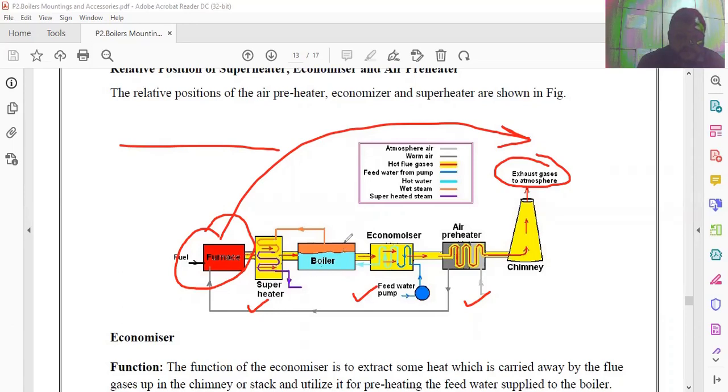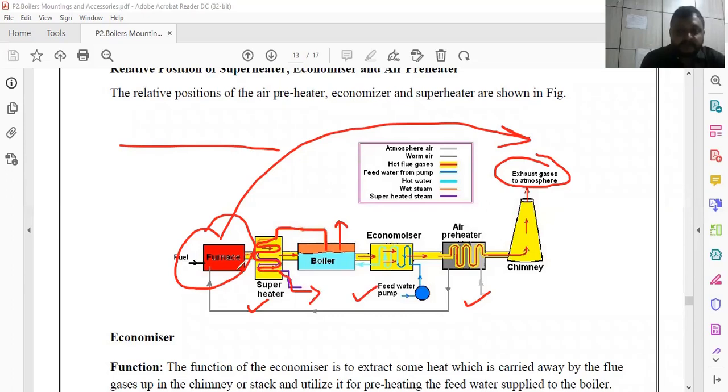But the point you have to keep in mind is that whatever steam is generated inside, before sending it to the specific application, we have to reheat that steam. How can we reheat it? We send that steam through the superheater, passing through this tube, and then the steam is used for the application.